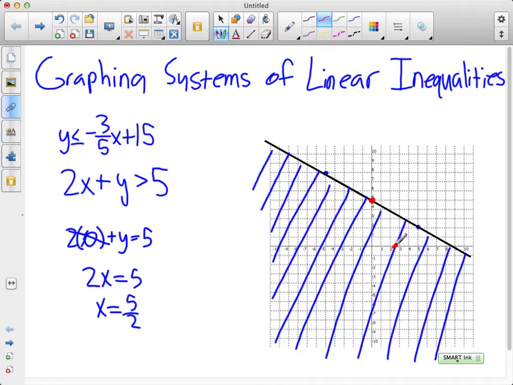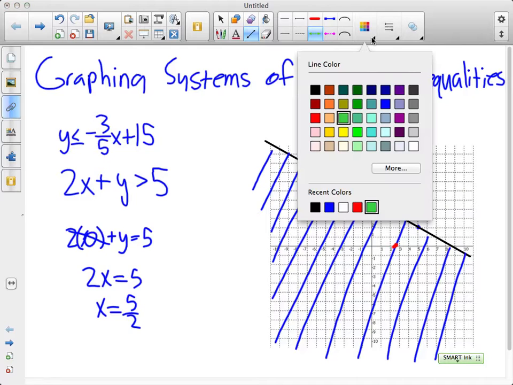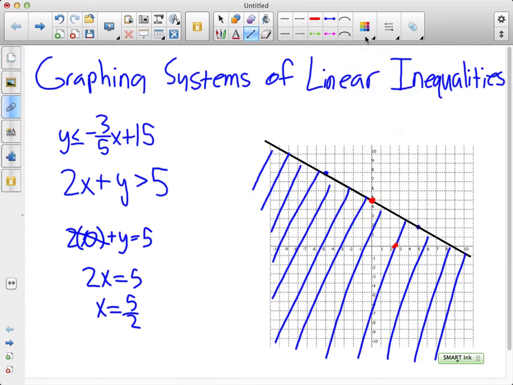Now, this one we have a strictly greater than. It's greater than, but not equal to. So we are going to use a dotted line. And there is my dotted line for this one.